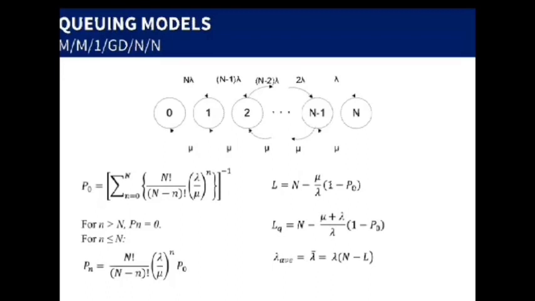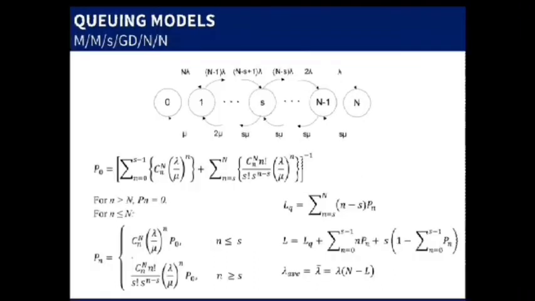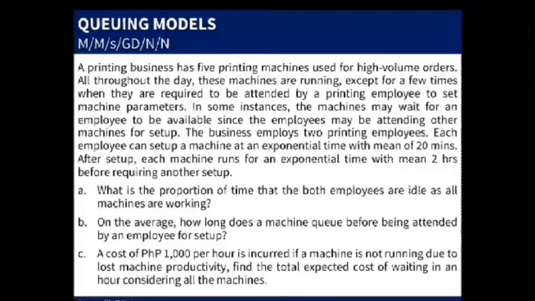Presented here is the corresponding rate diagram for the M/M/1/GD/N/N queuing model, and the applicable formulas for this model. Presented next are the formulas and rate diagram for the M/M/S/GD/N/N model. We will use the succeeding examples to explain the elements of the rate diagrams.